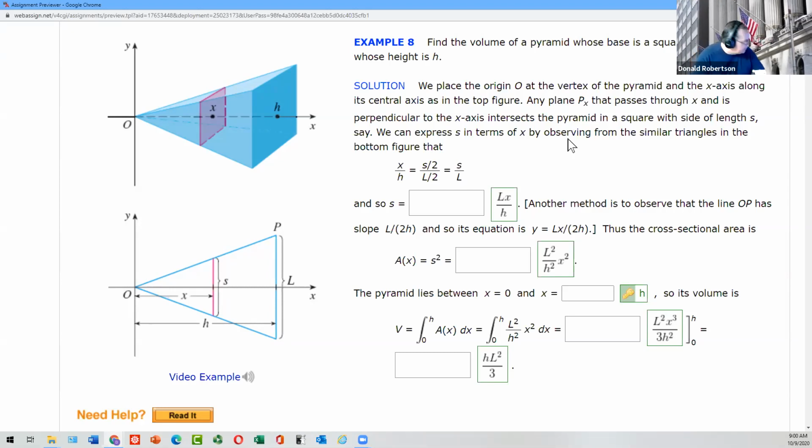Okay, so let me just draw that picture and show you what's going on. So it goes a bit like this.